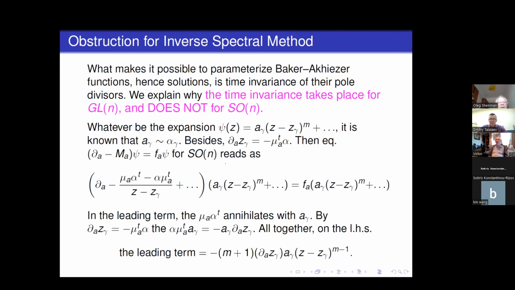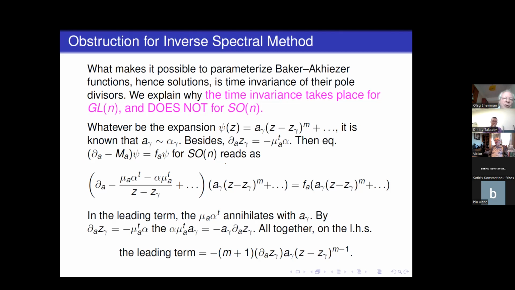Well, I said earlier that psi, the eigenfunction, has a pole, but let me assume only that it has a certain expansion which starts with degree m, positive or negative.